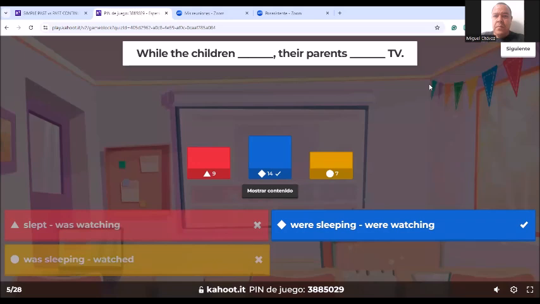In this sentence, we are talking about two activities that take place at the same time.